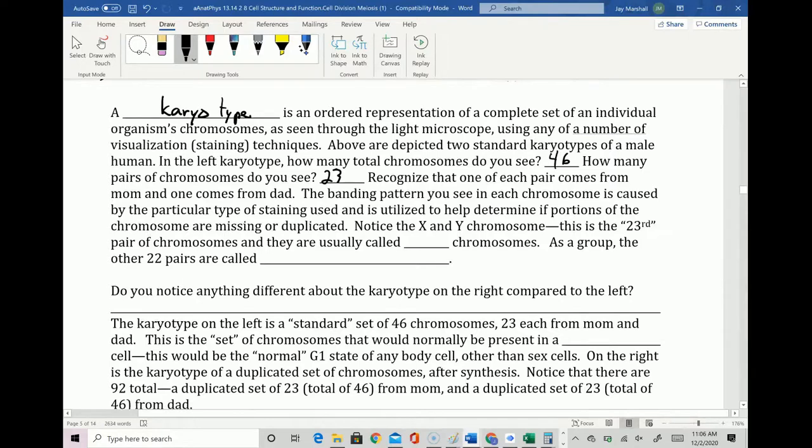Okay? So notice the banding pattern you see in each chromosome is caused by the particular type of staining, and it's utilized to help determine if portions of the chromosome are missing or duplicated. Notice the X and Y chromosome. This is the 23rd pair. The X and Y chromosomes are called what kind of chromosomes?